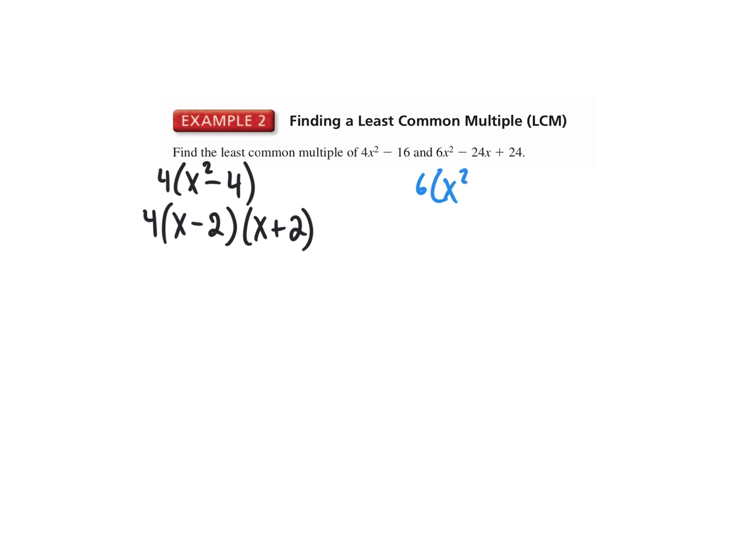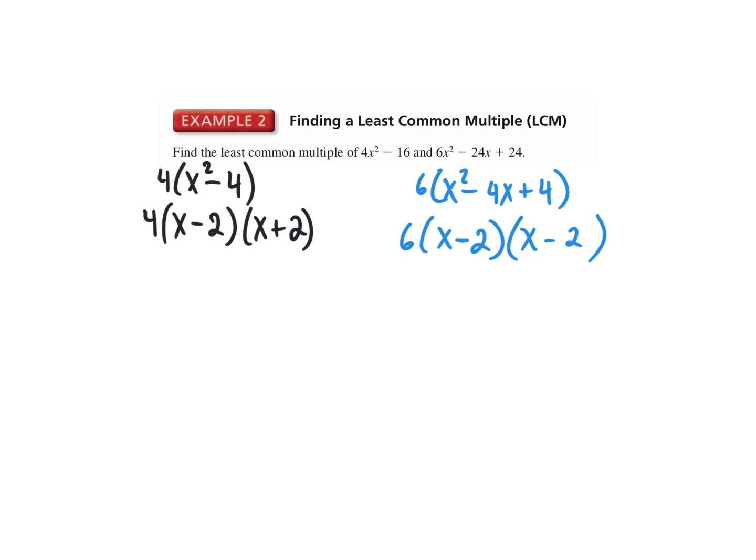So x squared minus 4x plus 4. So we end up with 6 times x parentheses, x parentheses. We're going to end up with negative 2 and negative 2 just because we want to make sure they multiply to positive 4 and add up to negative 4. You guys remember the rule.